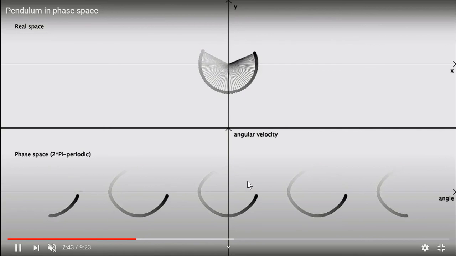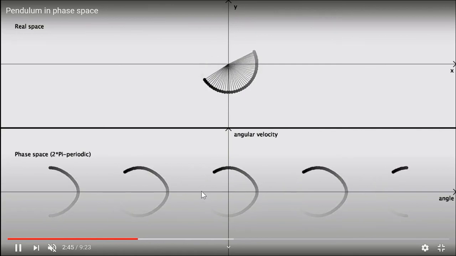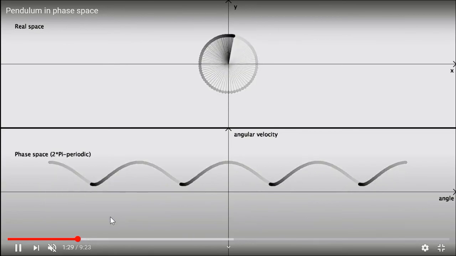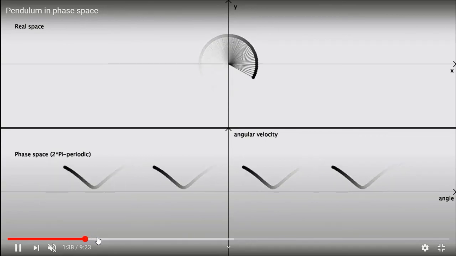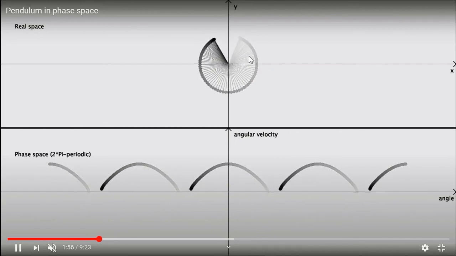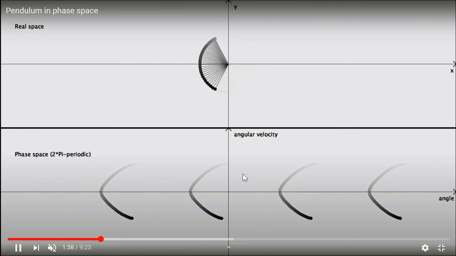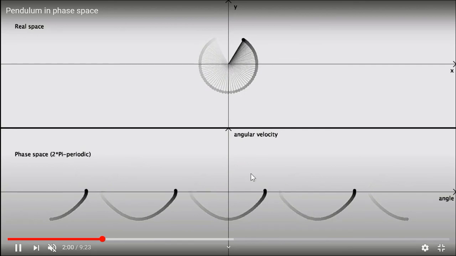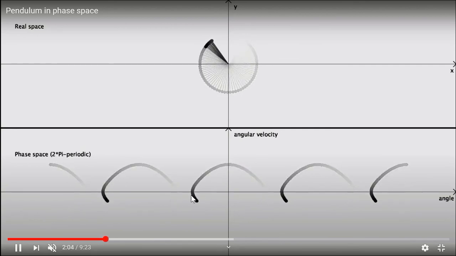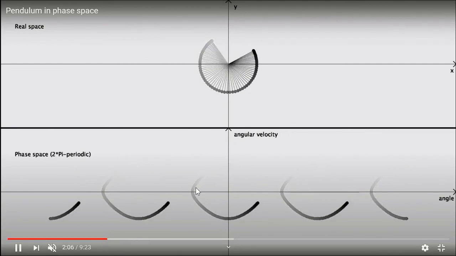You see that the phase space diagram looks like this. And if you release it from even a little more, yeah, from here, it covers this circular path. The phase space diagram is like this, which is not actually an ellipse, right? This angular shape is there.